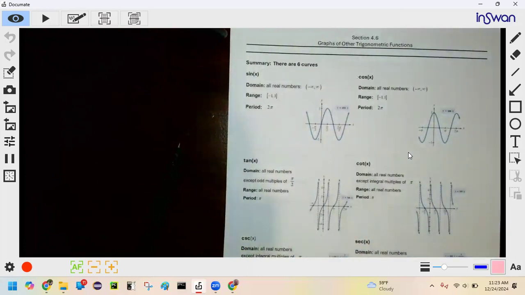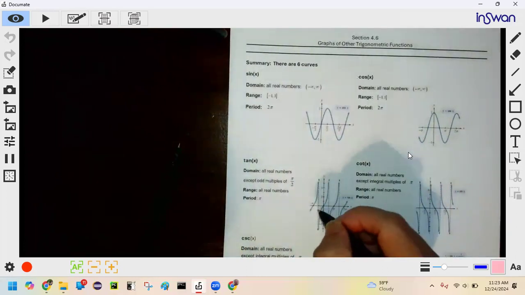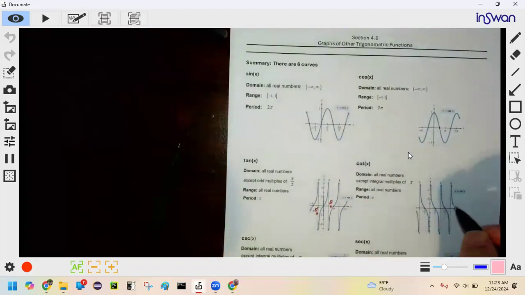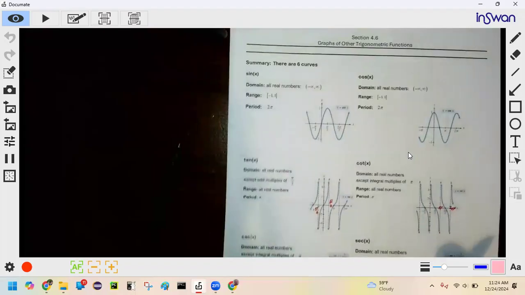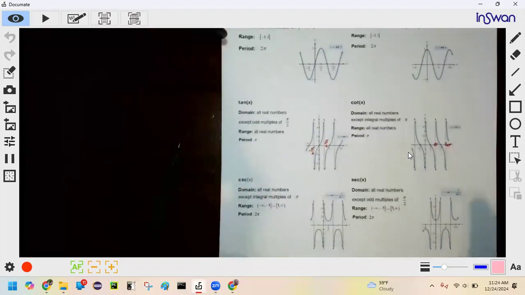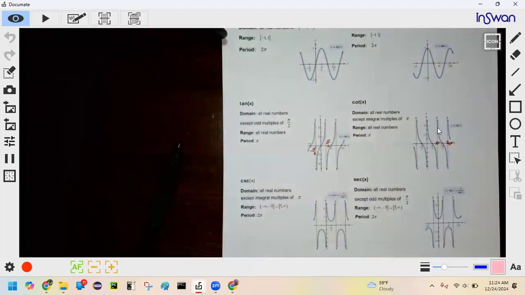Negative pi over 2, positive pi over 2 right there, and these guys are at pi's. Cosecant is built on the back of the sine graph, and secant is built on the back of the cosine graph. There you go. I'll pick it up on the exercises in a second.